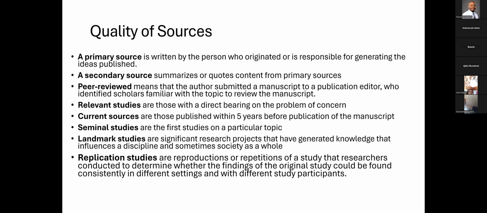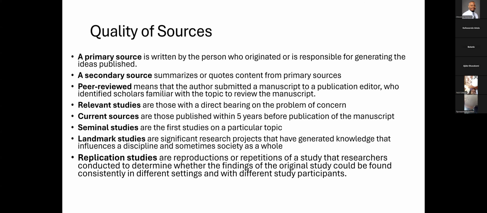A research report written by a researcher who conducted the study itself is a primary source. A theorist's development of a theory or their conceptual framework, when they publish it, is a primary source because you are hearing it from the horse's mouth.